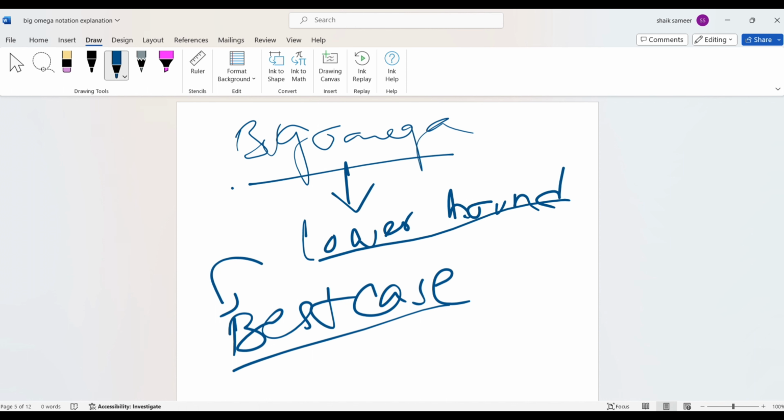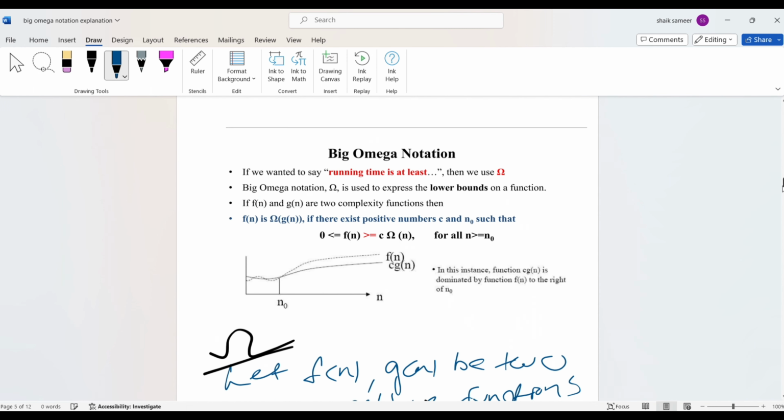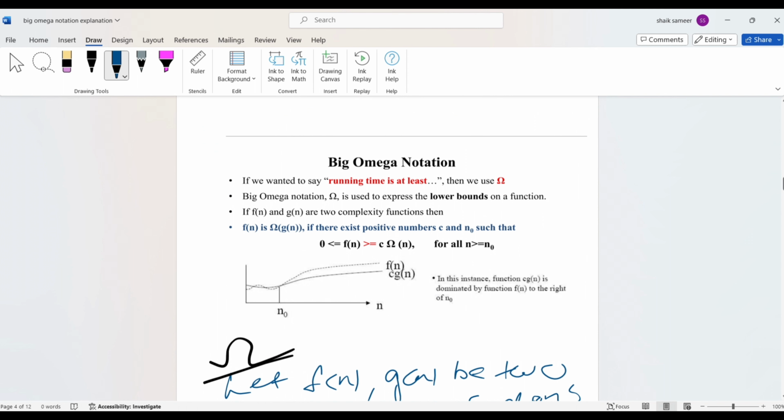Now when you look at this PPT, if you want to say the running time is at least something, then we use big omega notation. At least means we are talking about less time taken, so we use big omega notation. Big omega notation is used to express lower bound conditions.